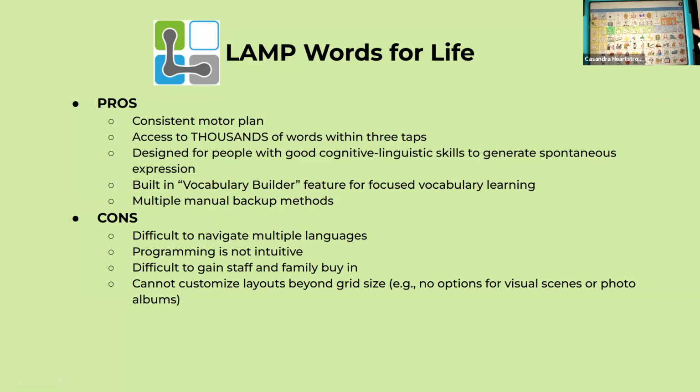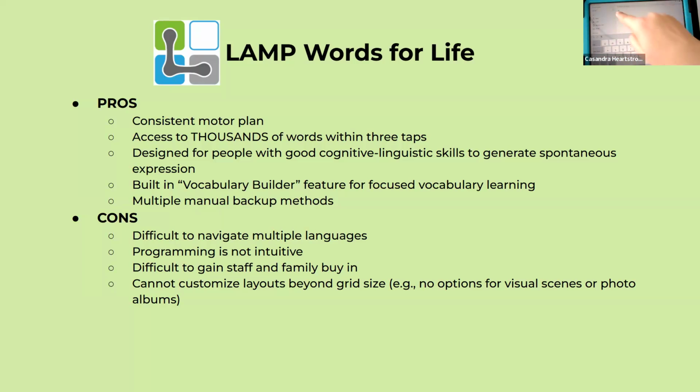It's got a vocabulary builder feature that is similar to the TouchChat or the Proloquo one, where you can create a word list. And that's the words that I want.